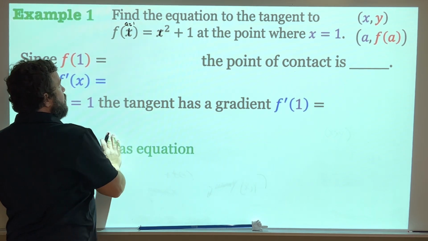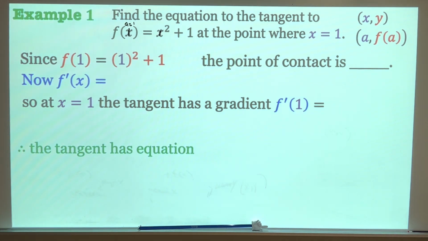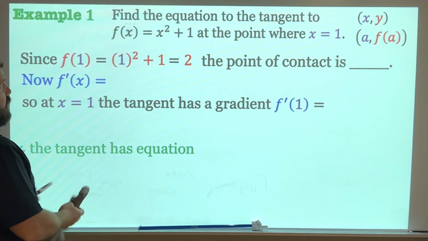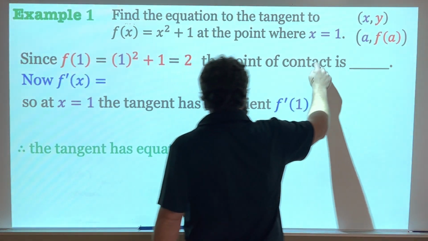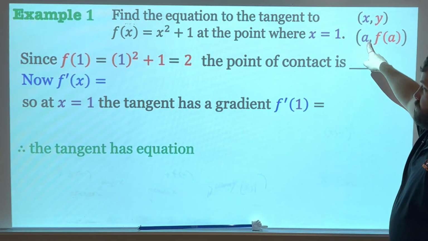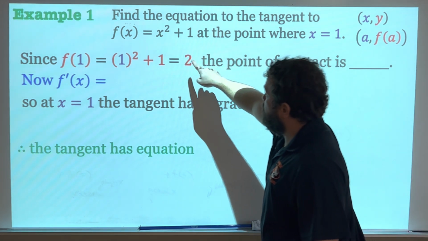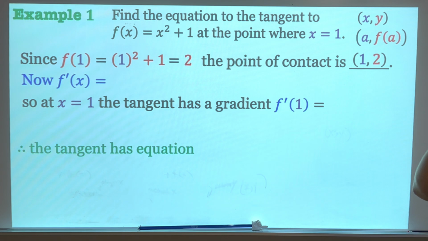So I'm going to plug 1 in for x. So 1 squared plus 1. 1 plus 1 is 2. So now I know something special. I know that the point of contact is my x value, which is 1, and my f of A, which is 2. So it's (1, 2). Right? Do you guys remember how to find the derivative?